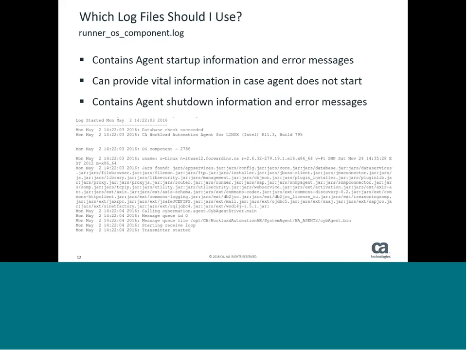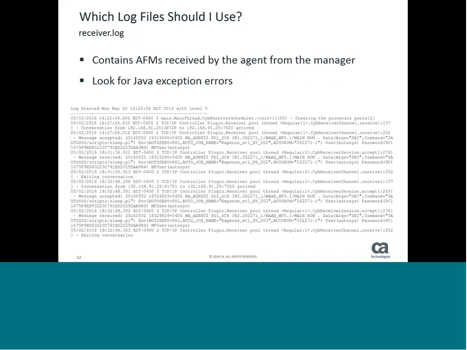The next file that is very helpful is the receiver log file. So it's all of the information and the AFM messaging received from the agent that is sent to it from the manager. If we look at this log file specifically, we see down at May 2nd at 18:32 and 48, that is the AFM message that came over.